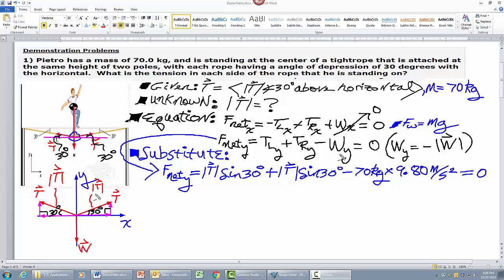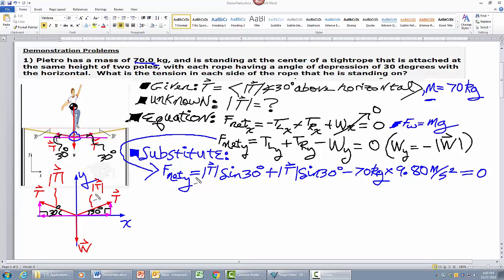Then we need minus the y component of the weight vector, which is minus the magnitude of the weight vector. We know that weight is mass times the acceleration of gravity. In the givens, we have that the mass of Pietro is 70 kilograms. So we have minus 70 kilograms times 9.80 meters per second squared. All this is equal to 0.